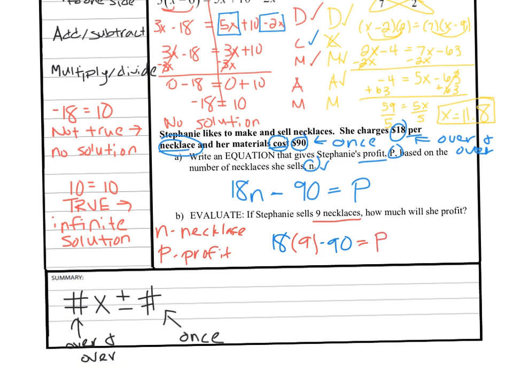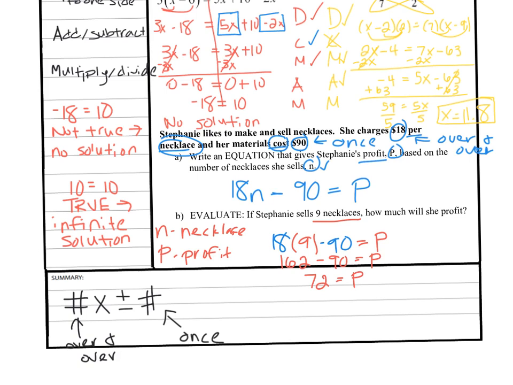So after I solve that, I would have to do 18 times 9, which is 162 minus 90 is equal to my total profit. Once I subtract 90 from 162, I would be left with a total of $72 for my profit.